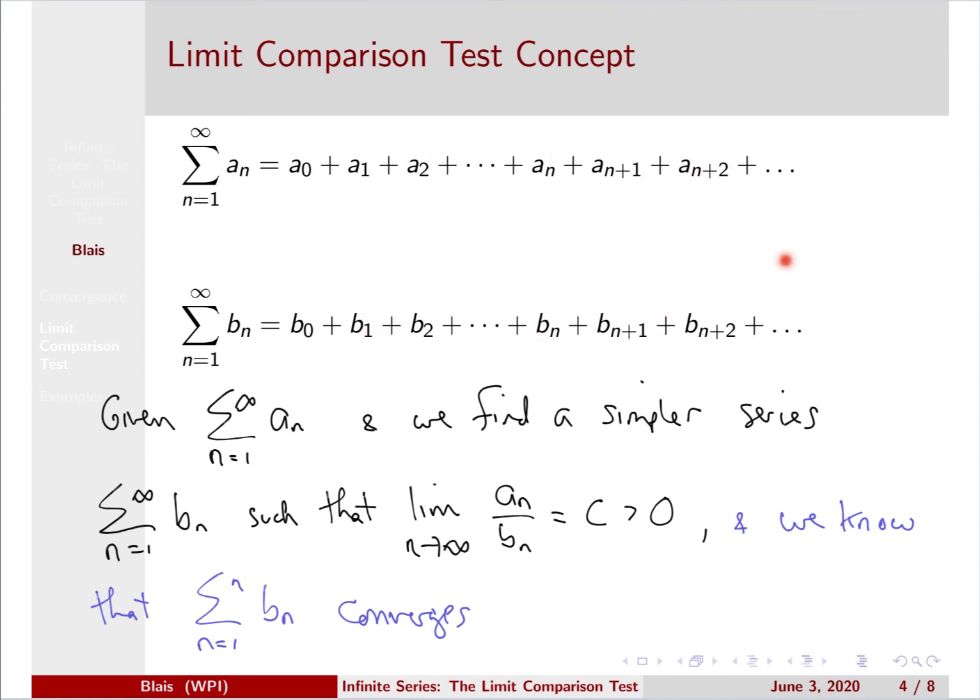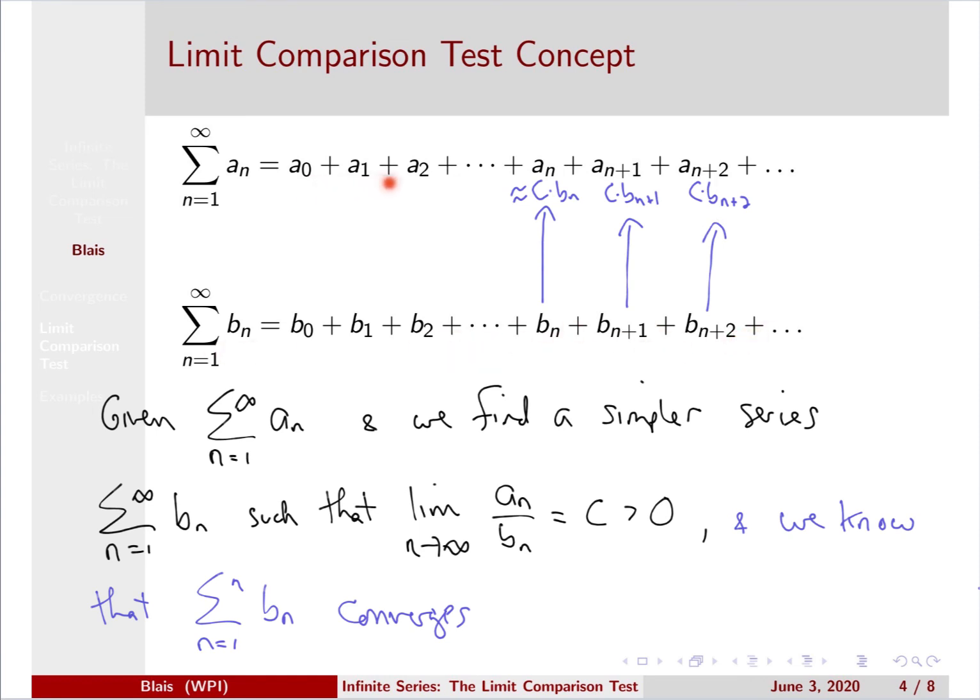And again, this is the series that you're given, and by establishing this limit condition, each one of these terms in the series is looking more and more like the constant c times the corresponding term from the series of the b terms.